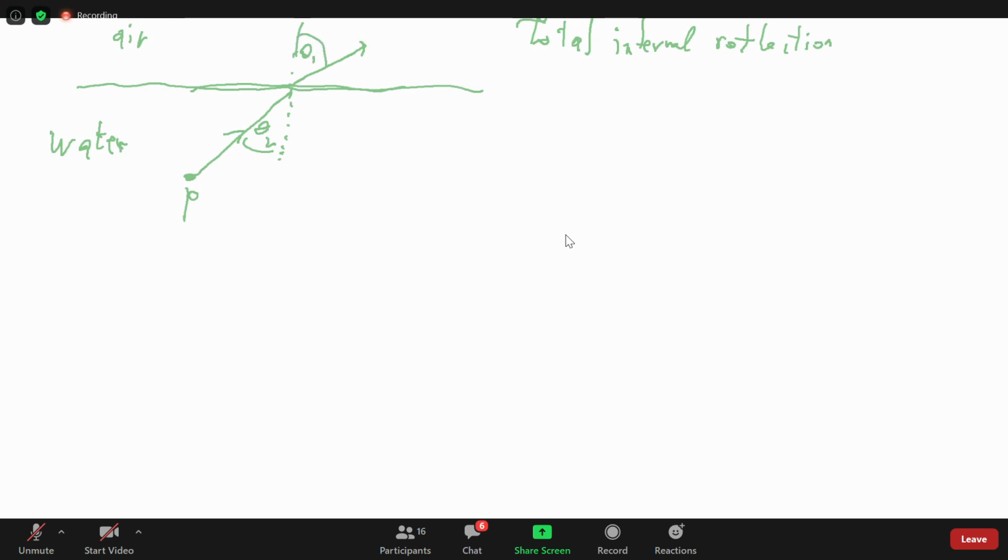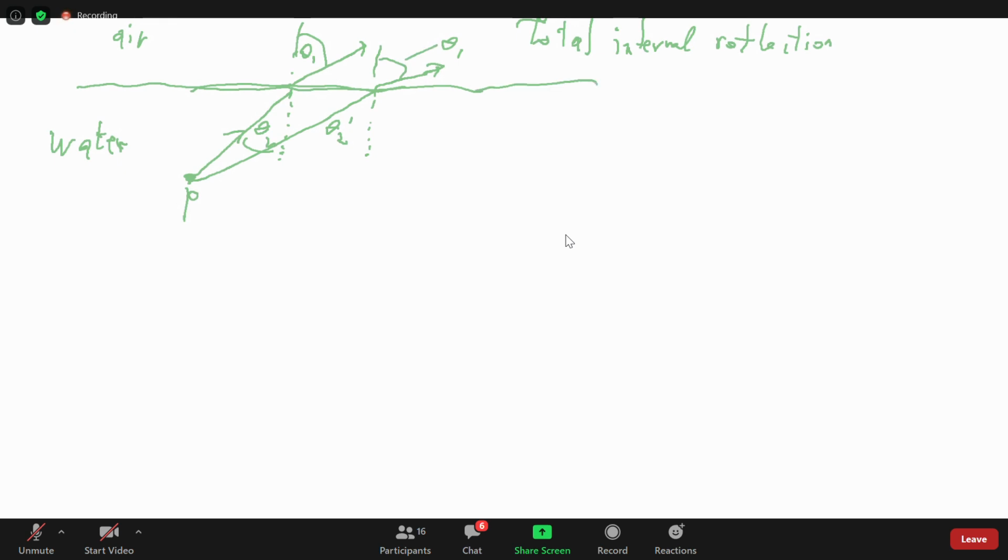All right, now I take this light ray over here, where this is theta 2 prime, and you're going to have theta 1 prime over here.